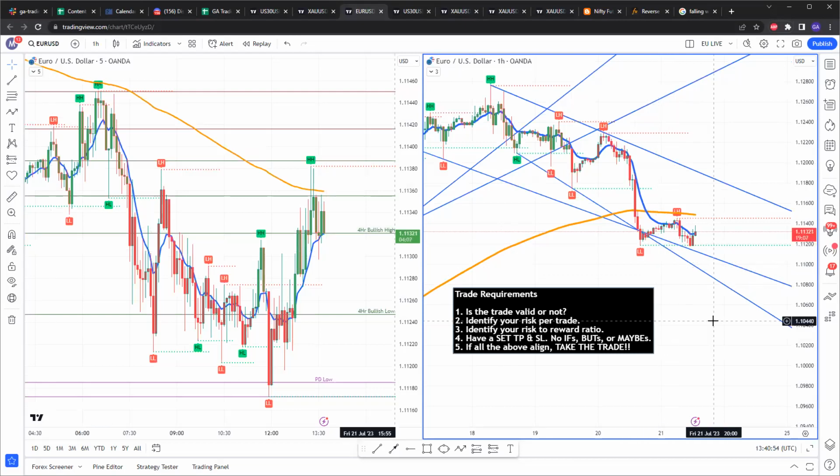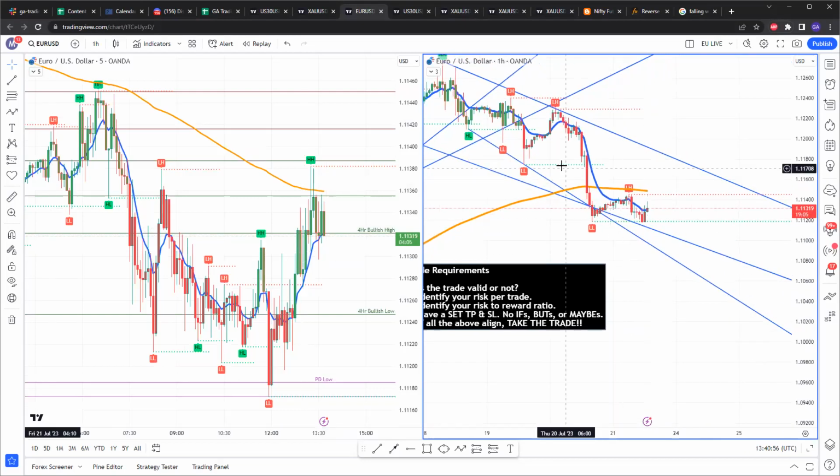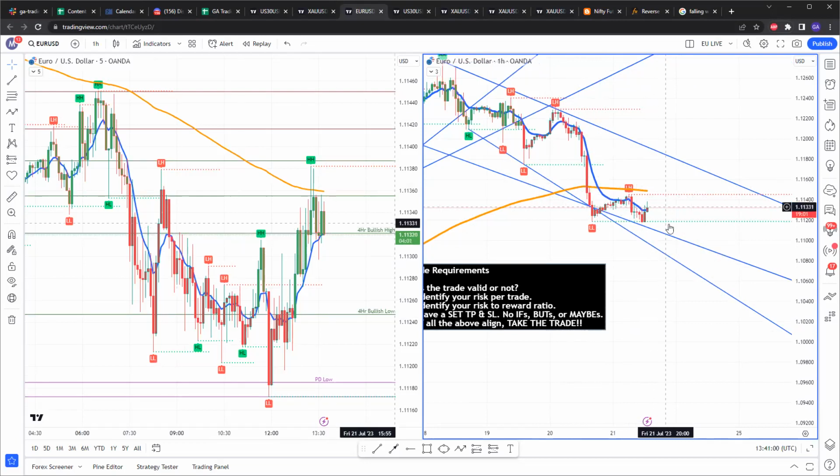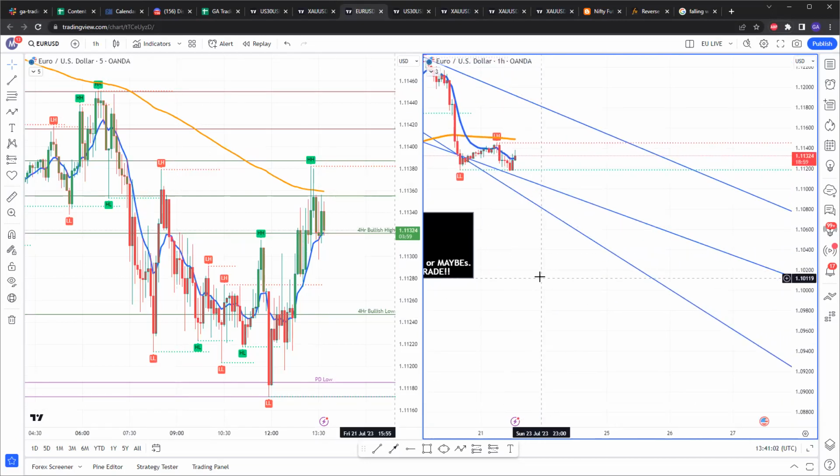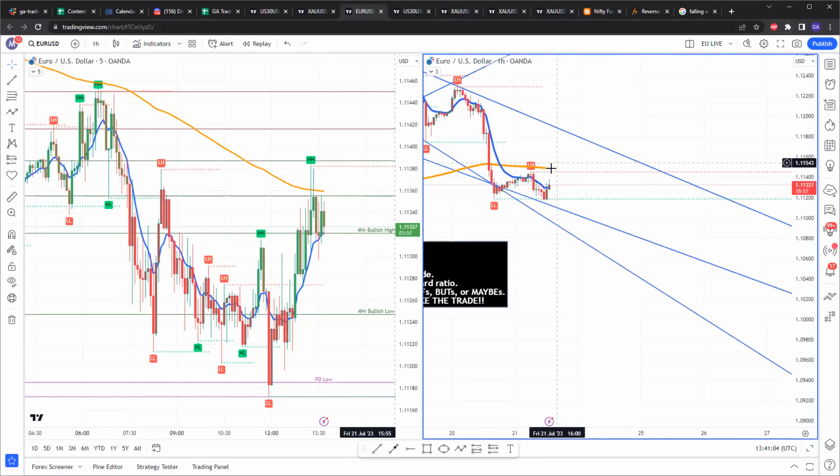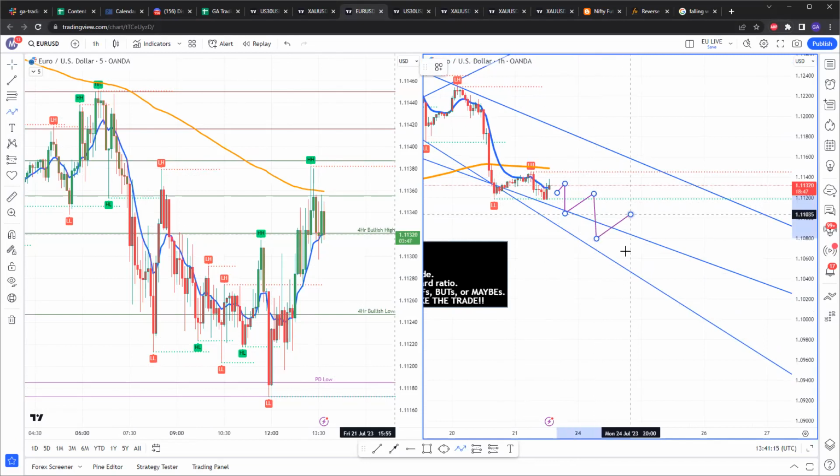For EU, I expect EU to continue to the downside. You can see on the hourly time frame, we had a death cross. Also, we do have this downtrend on EU. So I've seen this pattern play out on EU before, and I do expect EU to possibly proceed along this range right here.